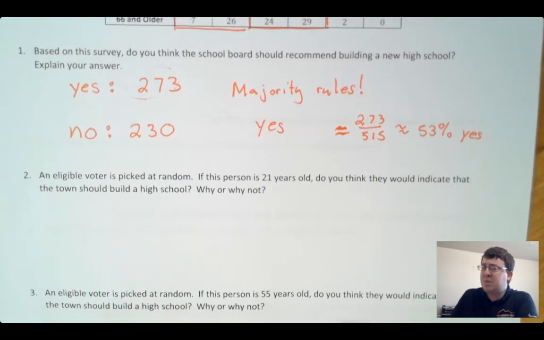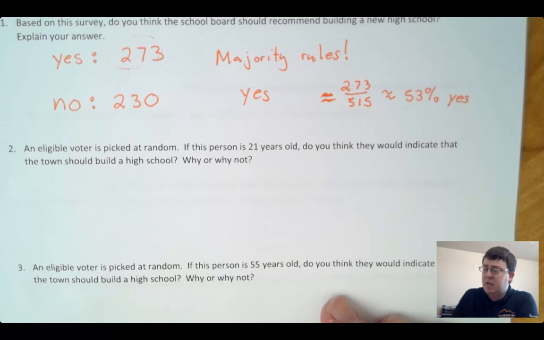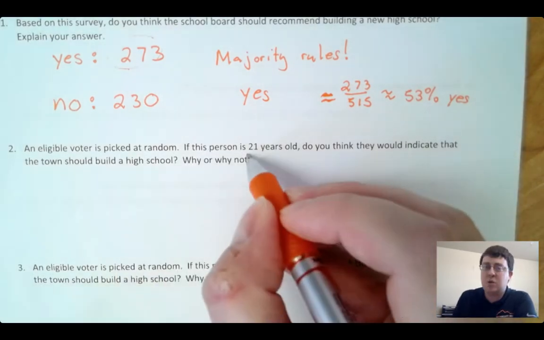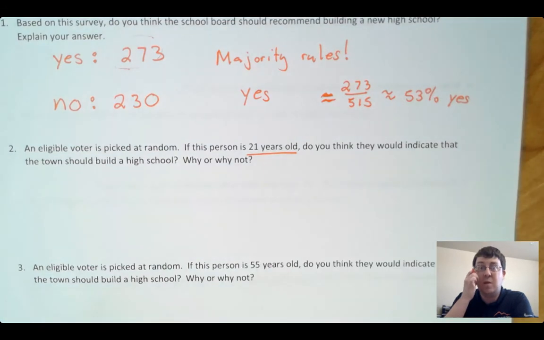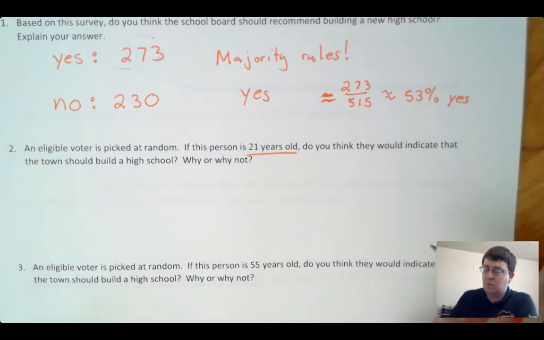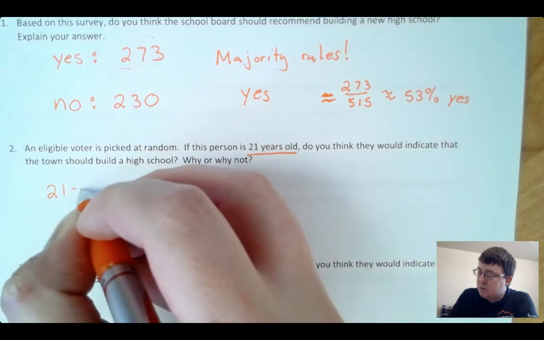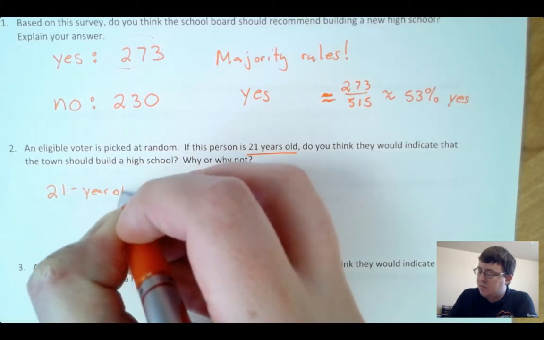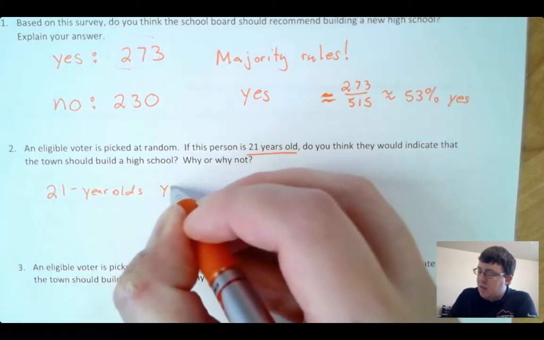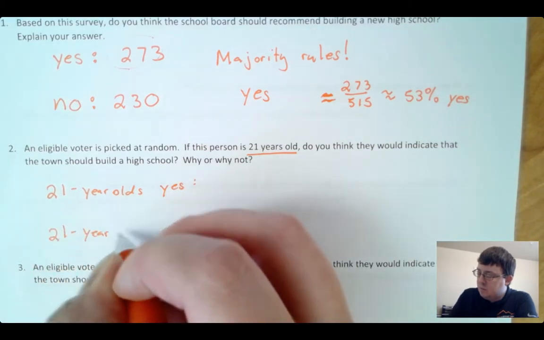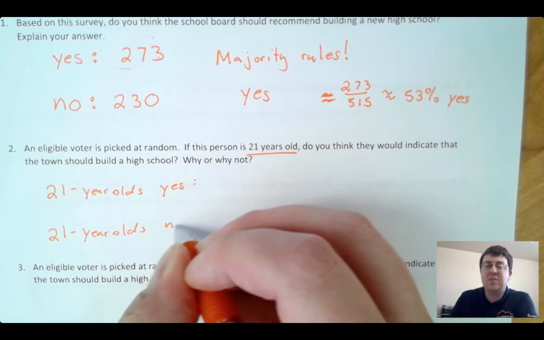Let's look at specific categories though. If I'm picking an eligible voter at random, but then I know that they are 21 years old, I interview them, I pick them, and they say, hey, I'm 21 years old. Do I think that they would want to build a new high school? Well, then I want to know how many 21-year-olds voted yes, and how many 21-year-olds voted no, because I want to know specifically about this person.